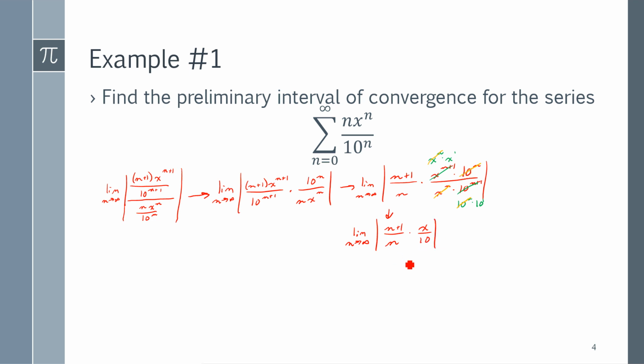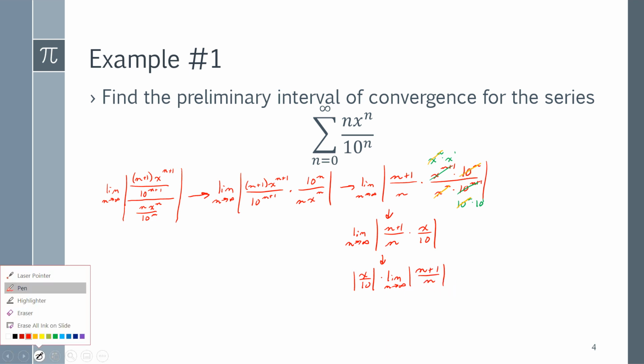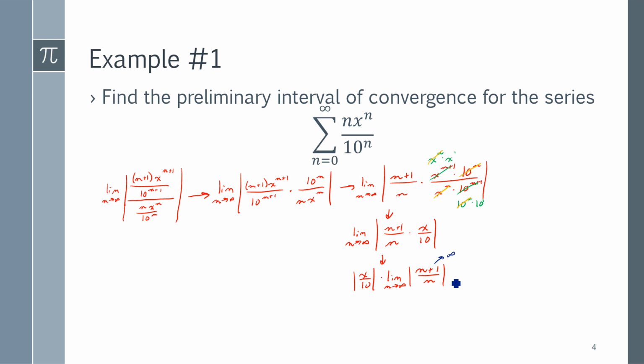Now, the x over 10 is a constant since there are no n's involved in that. So the absolute value of x over 10 can be pulled out of my limit because the limit is where n is changing. Now, as I look at this, as n goes to infinity, n plus 1 is going to infinity, n is going to infinity.